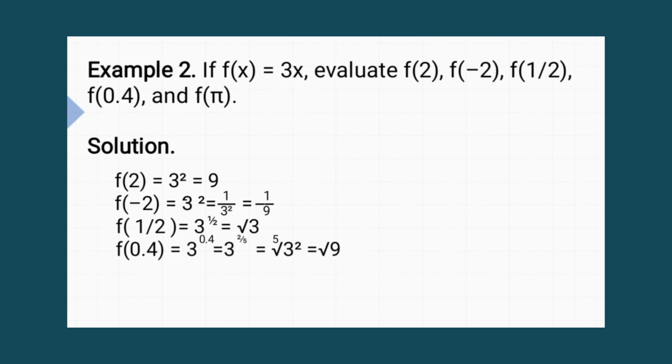Getting the lowest term of 4 over 10, that is 2 over 5. And then when we evaluate 3 raised to 2 over 5, that will become the fifth root of 3 squared, and it will become the fifth root of 9.